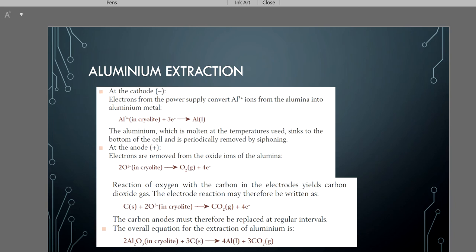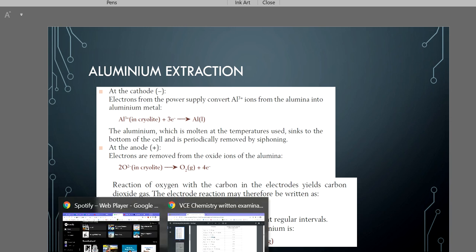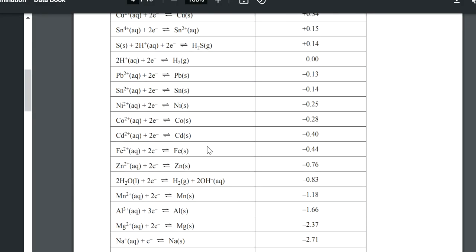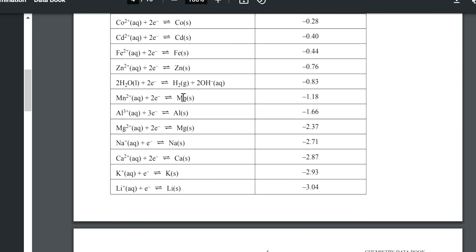We can also have aluminium extracted, which, once again, is a difficult metal to obtain in its pure form. Effectively, any of these metals under here, anything that is below water, because of the really low strength in terms of electrolysis, all these metal ions are not very willing to react and gain electrons and form their solid states.